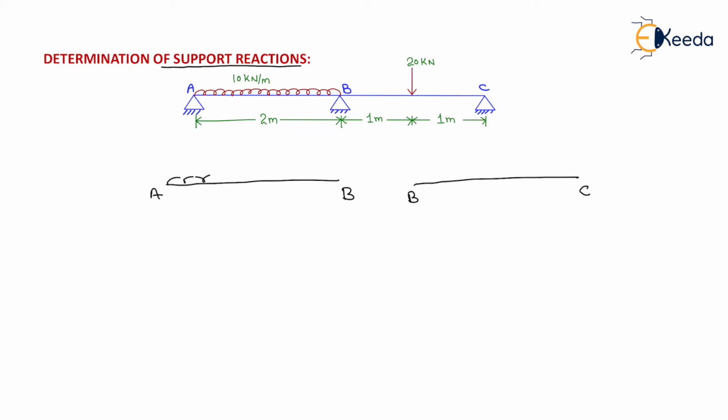Now due to this uniformly distributed load of 10 kilonewton per meter, there will be a support reaction of half of the magnitude of the total load acting in the downward direction, which will be equal to 10 into 2, that is 20 kilonewton. So it will be 10 kilonewton at A, similarly 10 kilonewton at B.